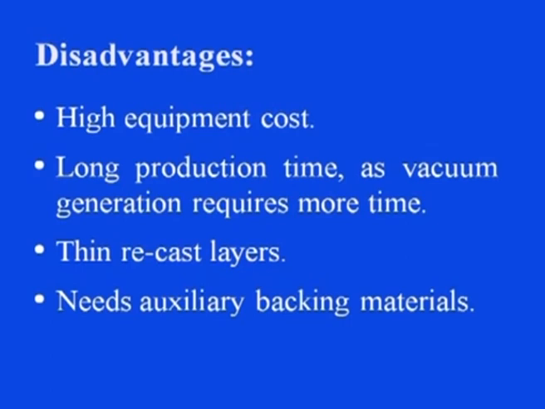This is primarily because of the vacuum generation time, as we have already indicated, vacuum to the tune of 10 to the power minus 4 torr is required for effective machining to take place. Then as we have indicated, this is a thermal based process, so there will be thin recast layers as well. Then it may need auxiliary backing materials for machining to be performed.